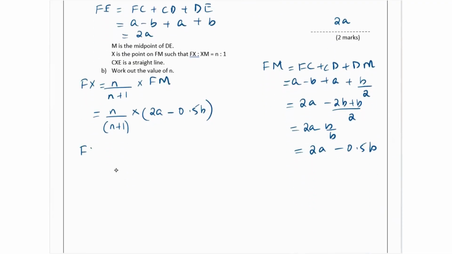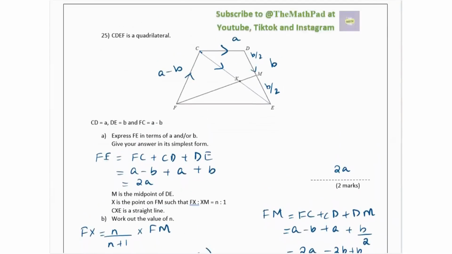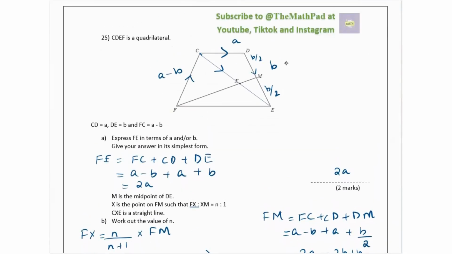So another equation is FX is FC plus CX. Now we have FC, that's a minus b, but we don't have CX. However, we know CX lies on CE, and we can figure out the vector CE by doing CD plus DE.